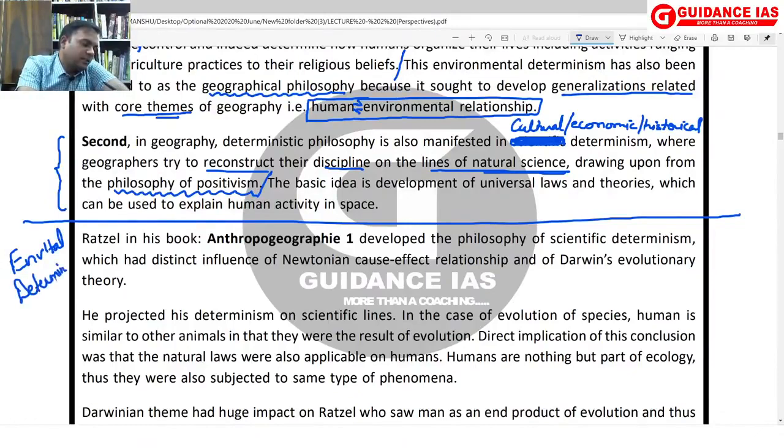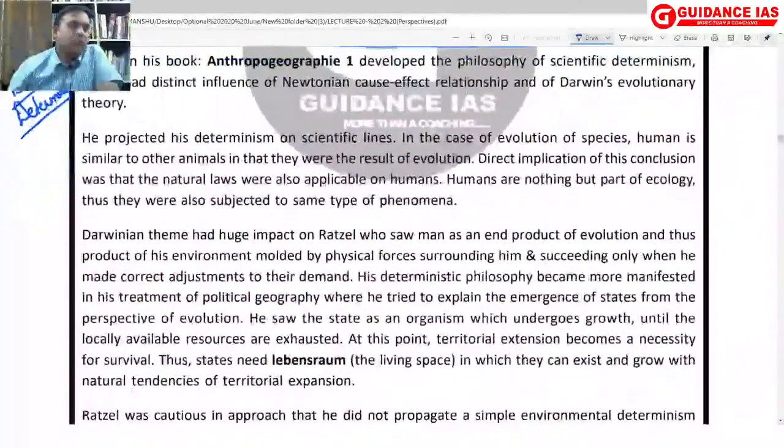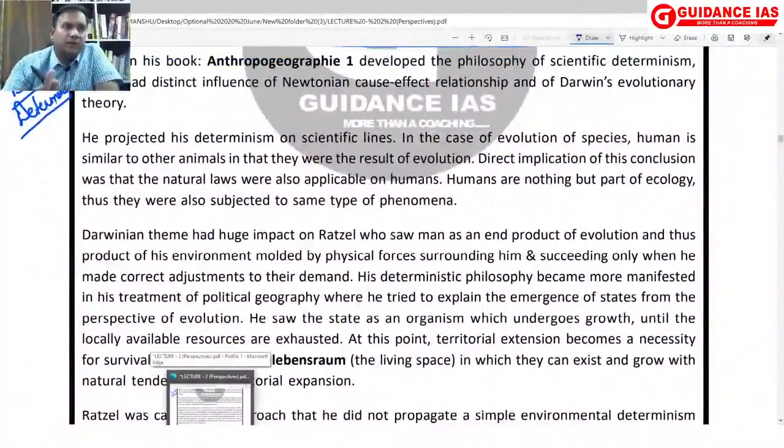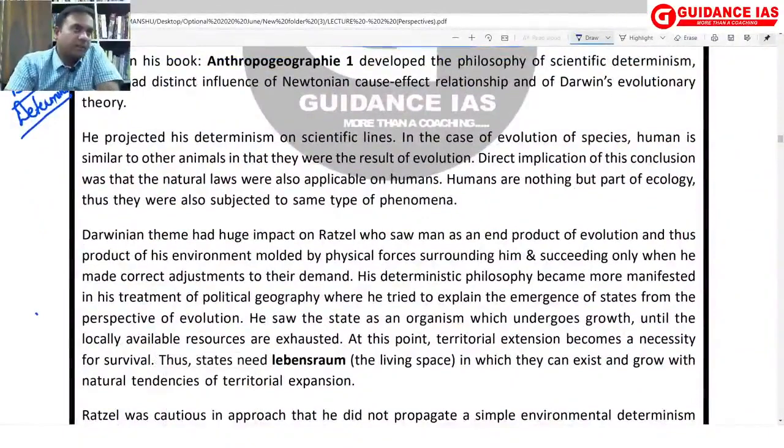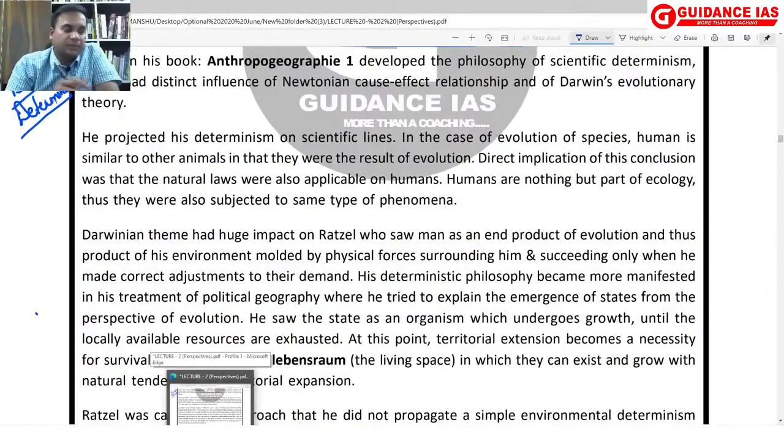Can we take a little more time, 10-15 minutes? At least let us finish environmental determinism here, because now we are coming to the dichotomy dualism part.